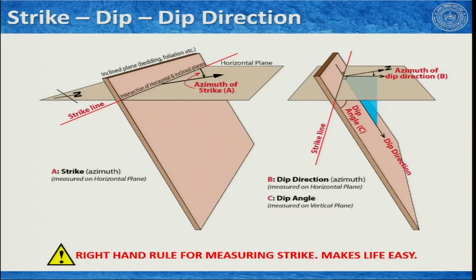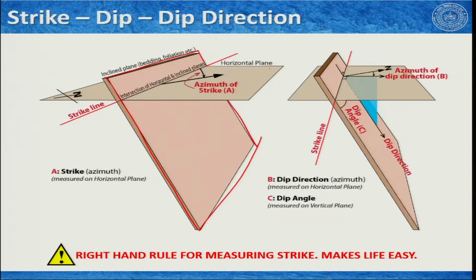So, let us talk about what is strike or what is a strike line. So, this is a bedding plane, you can consider this, or this is a planar feature which has a slope or which is inclined or which is tilted.